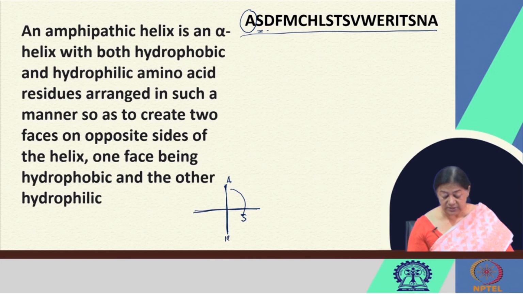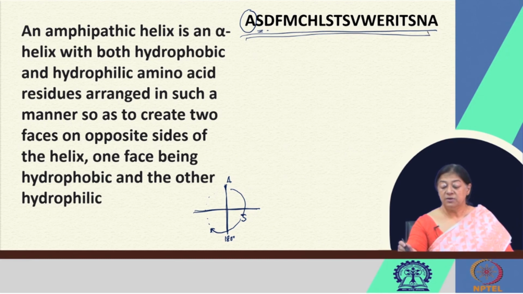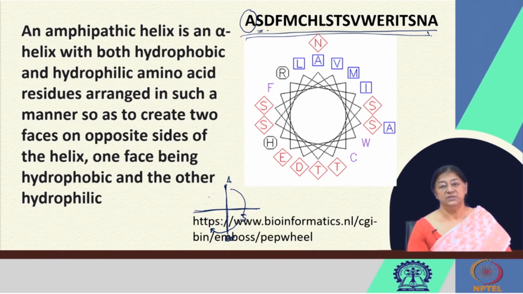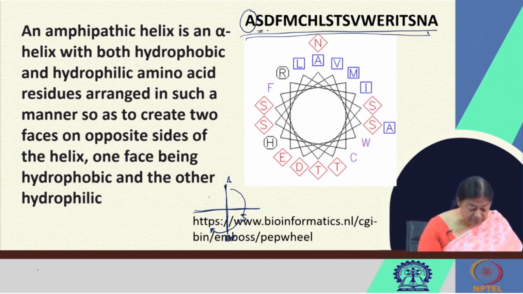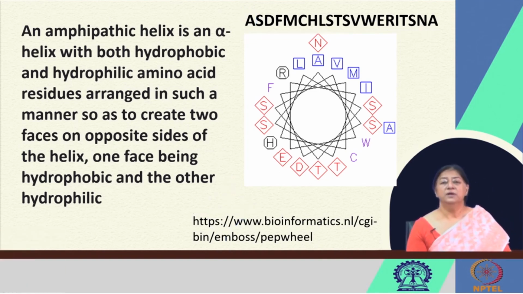We know that this is 180 degrees, so 200 is going to be somewhere around here. So, the next amino acid will be here. Similarly, we can go on doing this construction till we cover the whole sequence of amino acid residues that forms the helix. This is what we see, and this can be done very simply by using specific web resources that are available to do this.